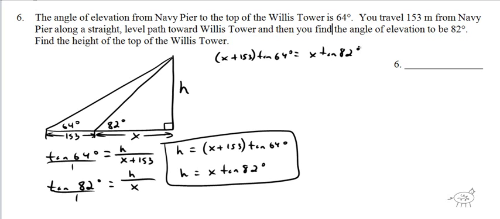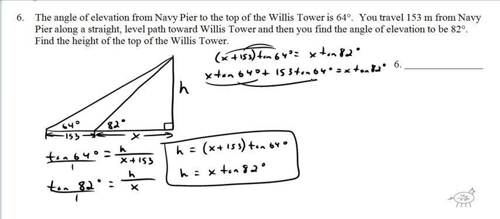Again, it's a big old algebra problem. You want to distribute the 153 and the x to the tangent 64, so I get x tangent of 64 plus 153 tangent of 64 equals x tangent of 82. Now I'm going to move all the x's over, so I'm going to subtract this to the other side.